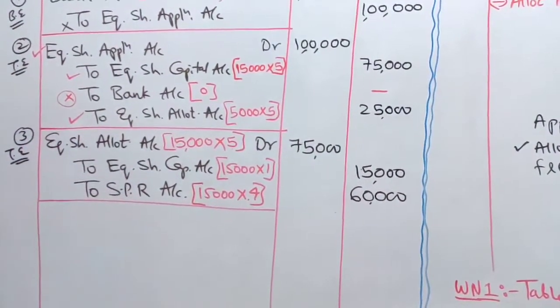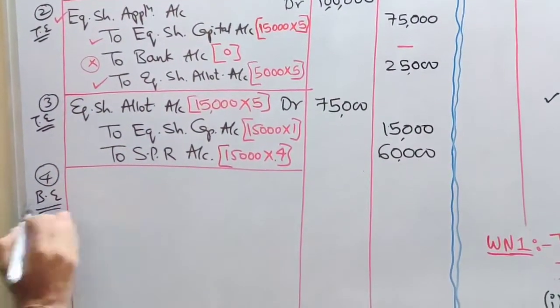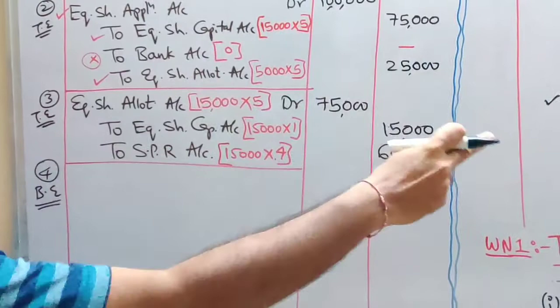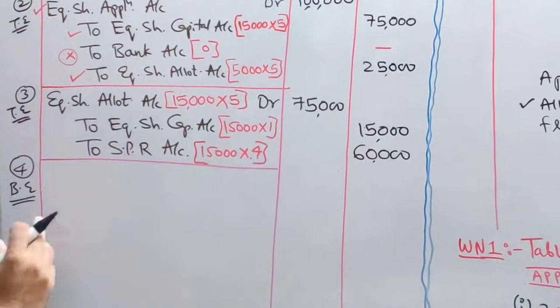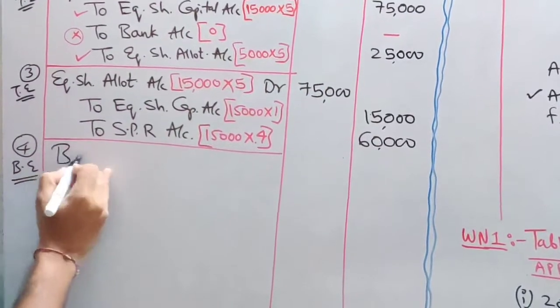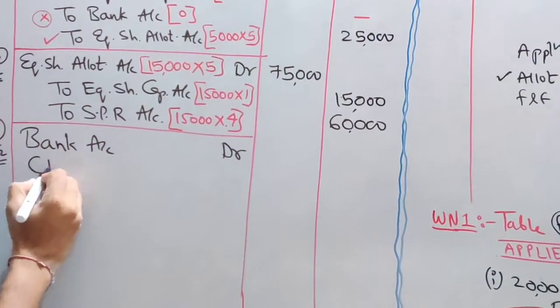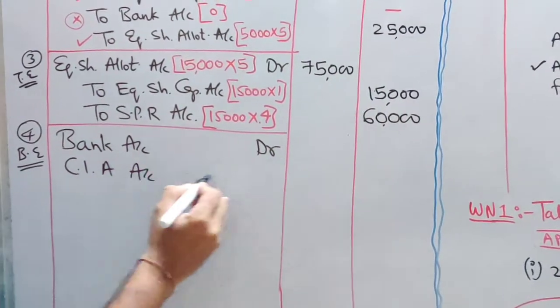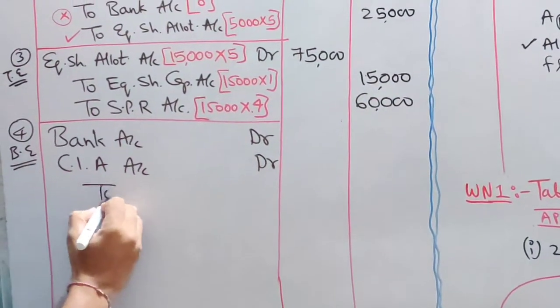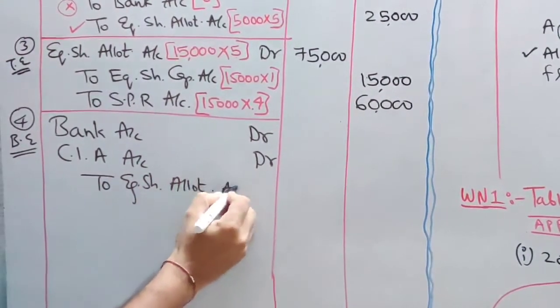Now be careful with the fourth entry. The fourth entry is very important. Here you have to show arrear of Mr. Ashutosh. So you will be telling me the bank entry with the arrear. So bank account debit, call in arrear account debit to equity share allotment account.